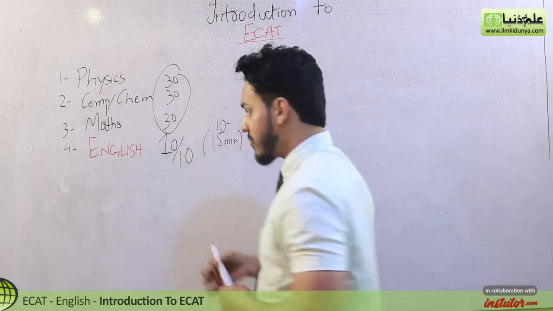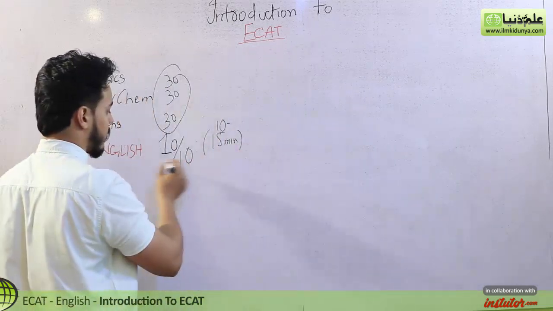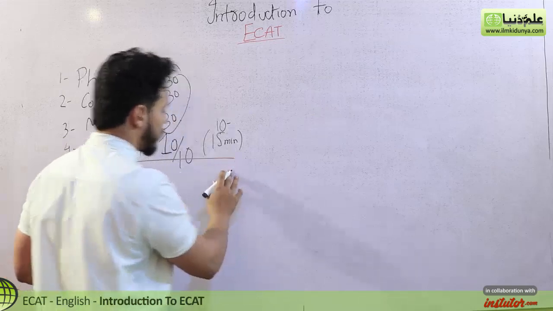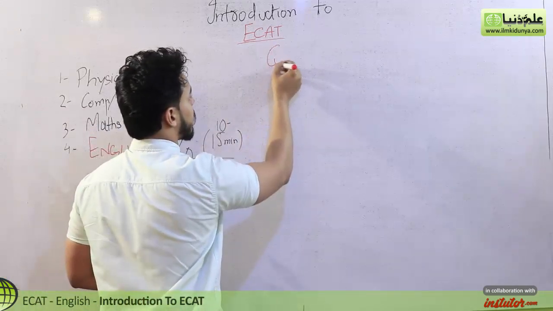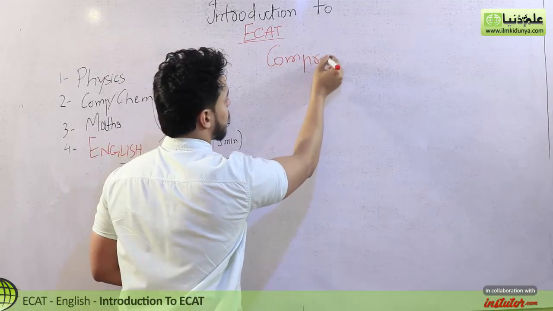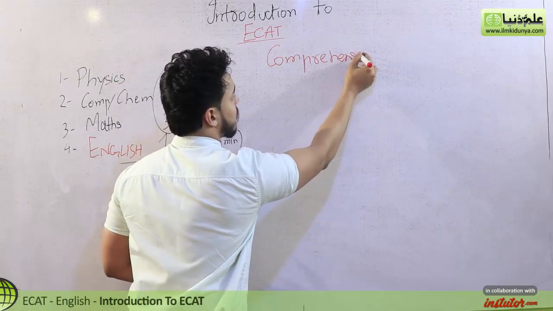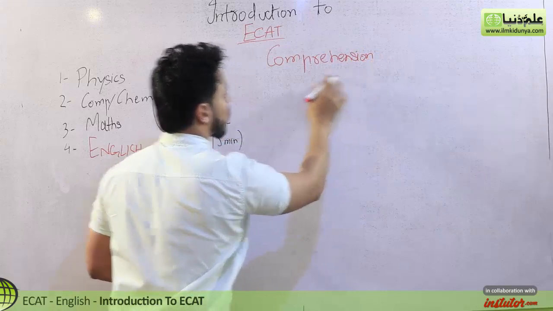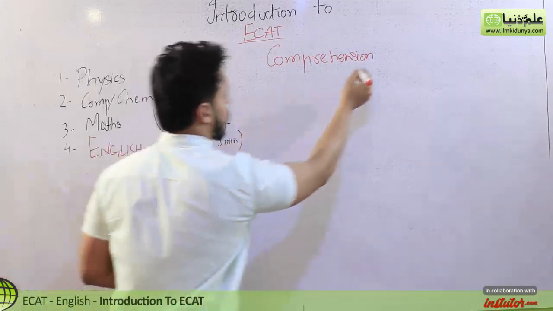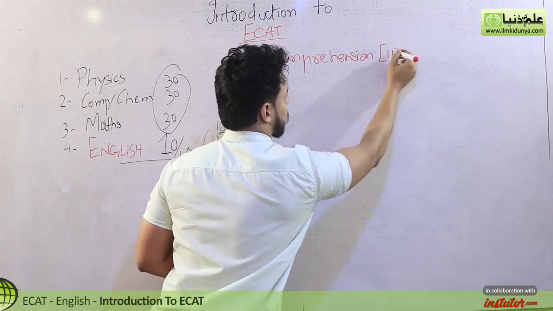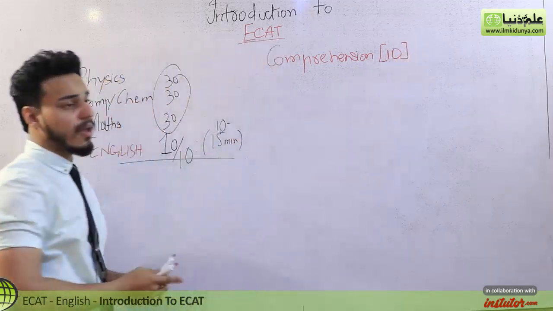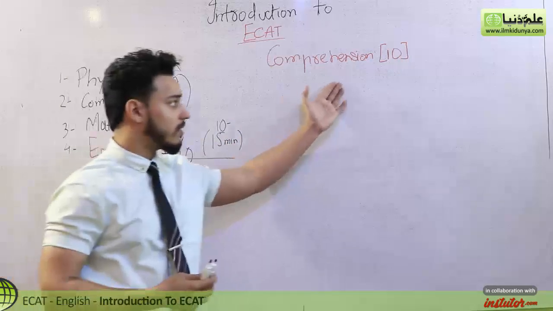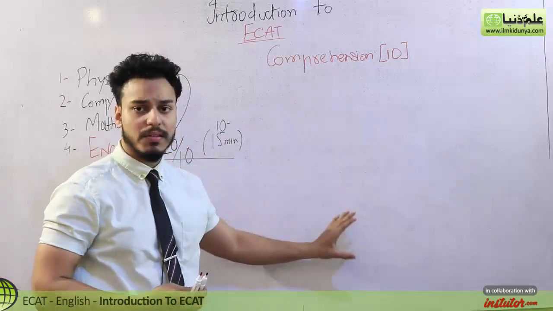Now we have the distribution for English. The syllabus of English is about comprehension. The comprehension consists of 10 questions. These questions are basically MCQs, because they have various options.